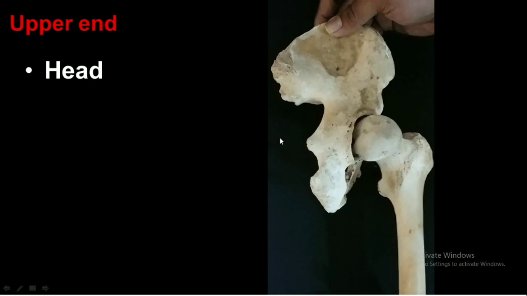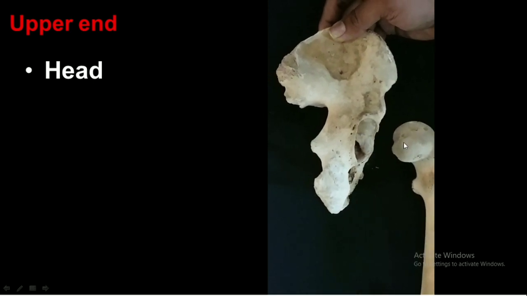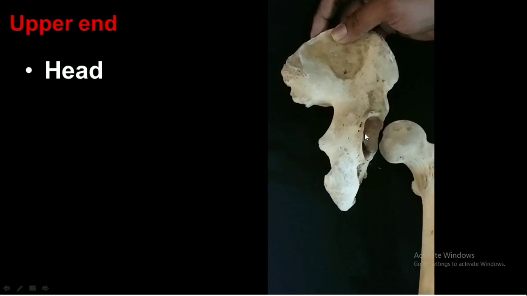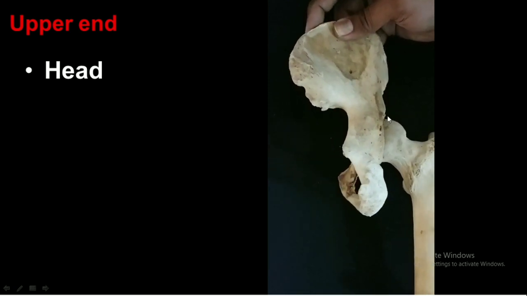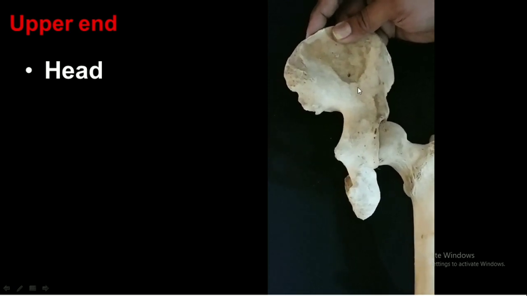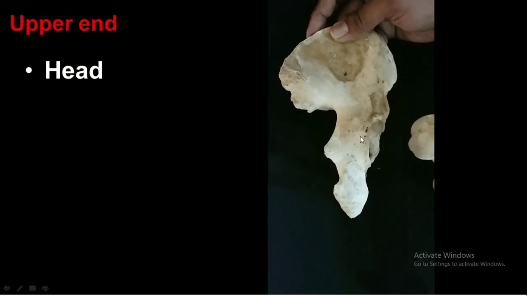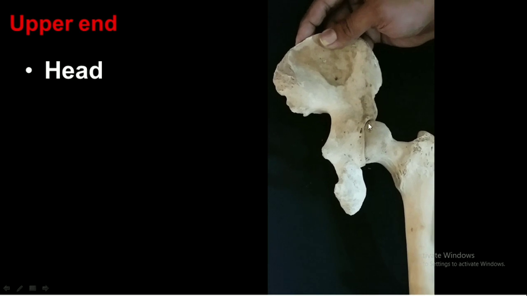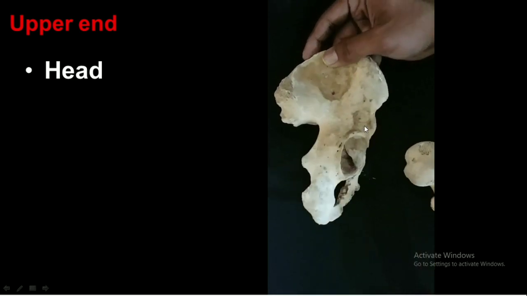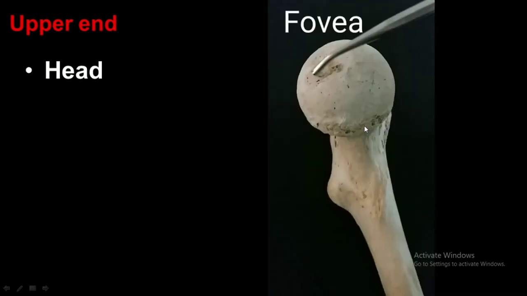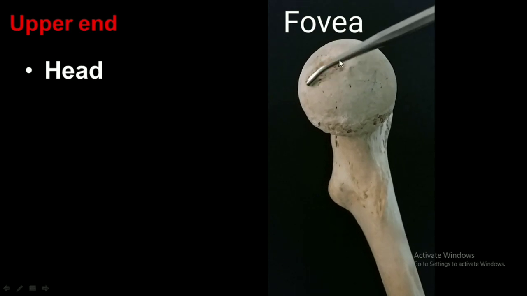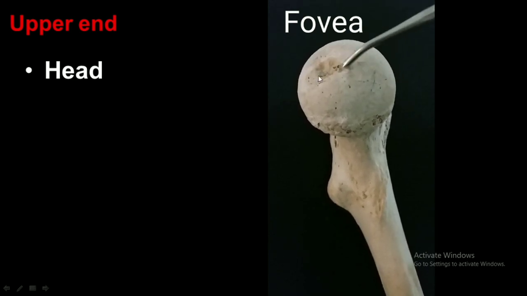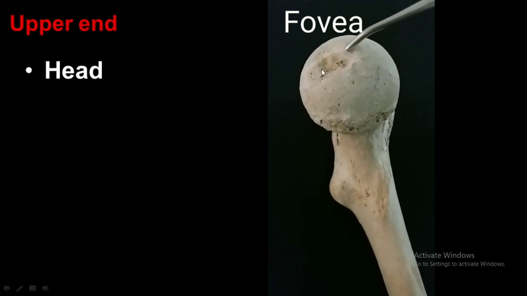First we will see the head. Here you can see the head of the femur is joined with the acetabulum cavity of the hip bone. So it forms the ball and socket joint of the synovial variety. Next, about the head of femur, there lies the fovea.